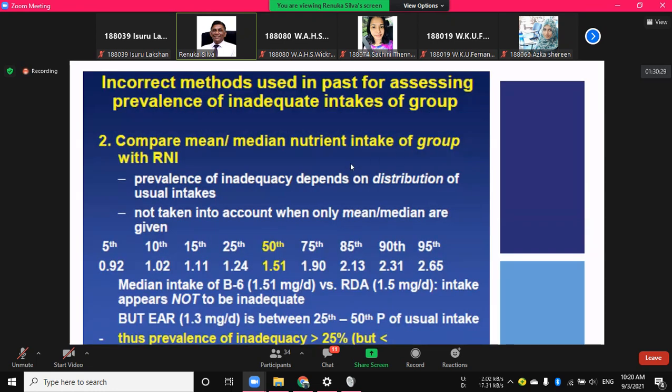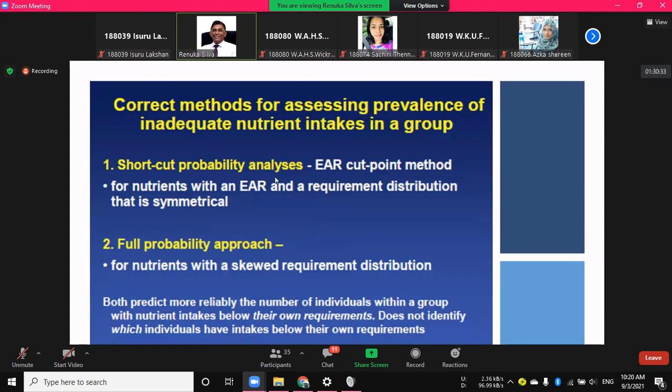Right. Now, more things. Now, for individuals, individual nutrient intake, the correct method for assessing prevalence of inadequate nutrient intake in a group. In a group, now always think of this as a group, 30, 40 students. I have individual values.